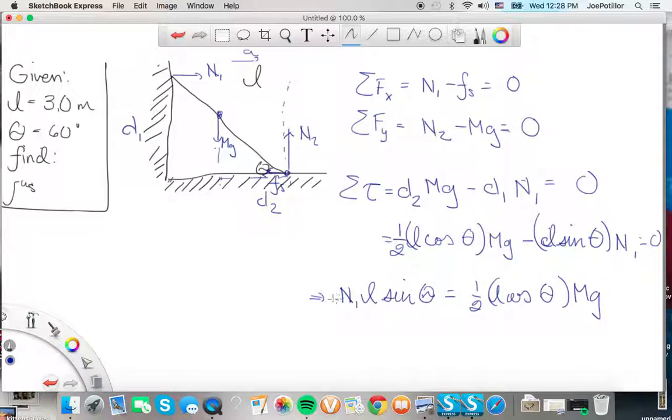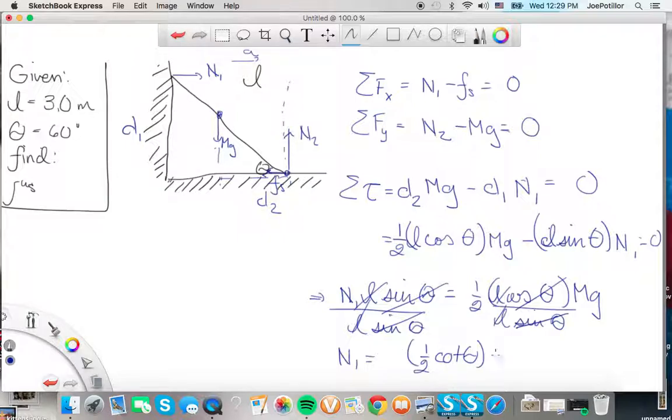Okay. Solving for normal 1, that kills that, that kills that. Cosine over sine is going to be cotangent of the angle. So I end up with n1 equals 1/2 cotangent of theta times mg.